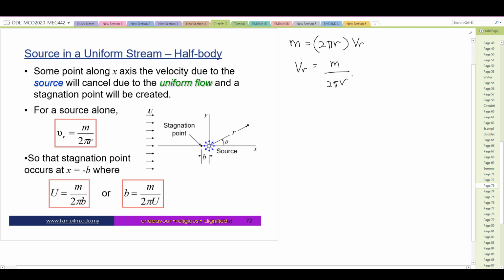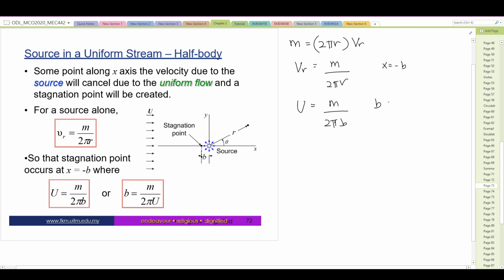At this stagnation point, x equals negative b, the radial velocity is equal to U because it cancels the uniform flow, so U equals m over 2 pi b.